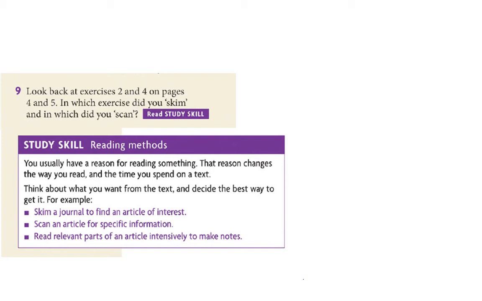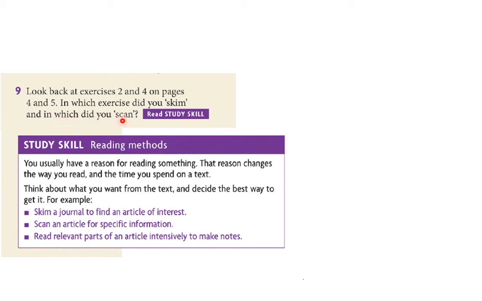Now we are moving to exercise 9 on the same page 6. Look back at exercises 2 and 4 on pages 4 and 5. In which exercise did you skim and in which did you scan?